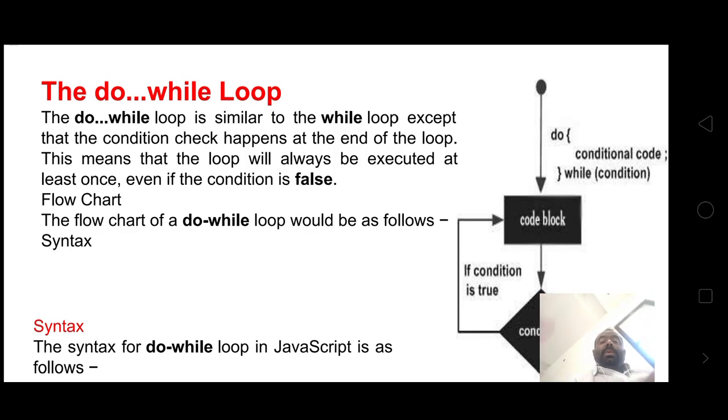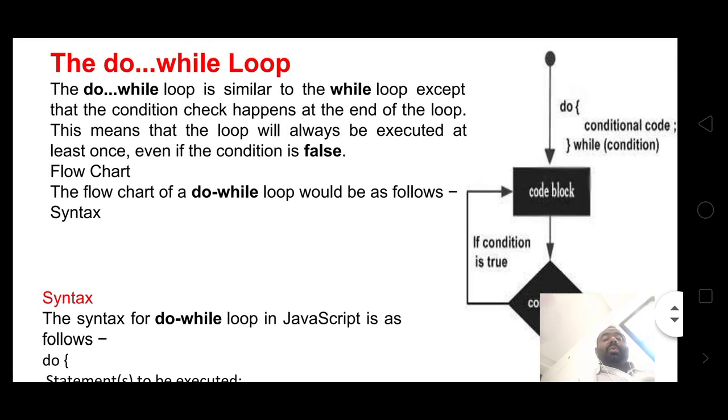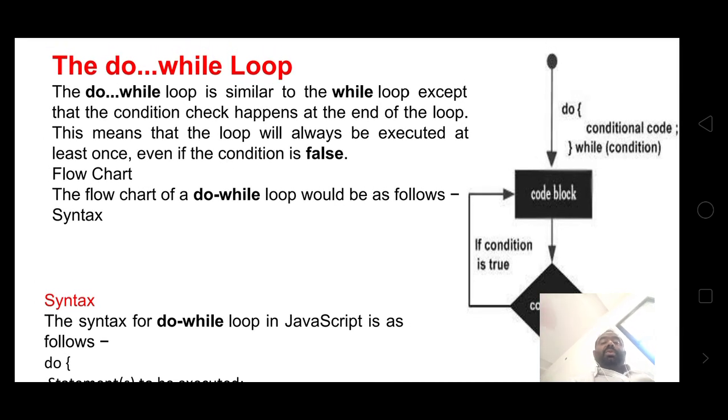Here, do while is similar to while, but the loop will always execute once, whether the condition is false or true. The loop executes a minimum of once.